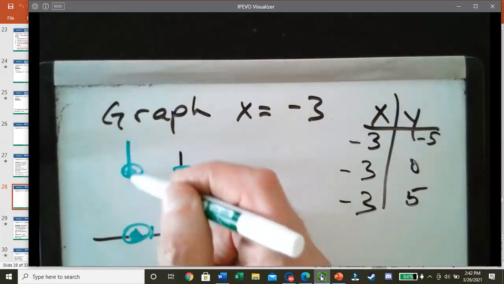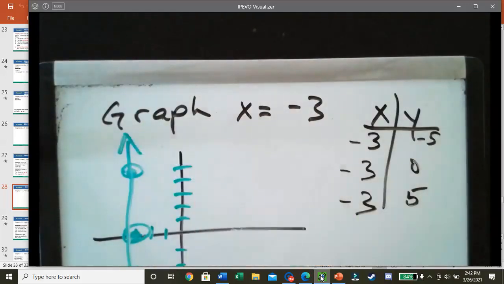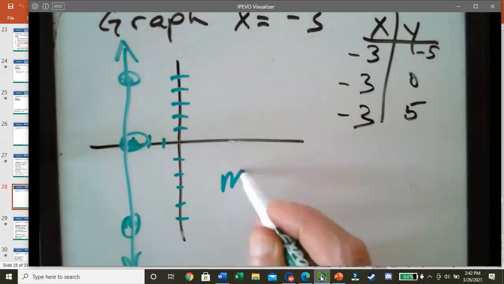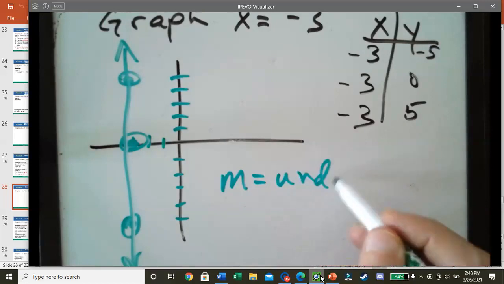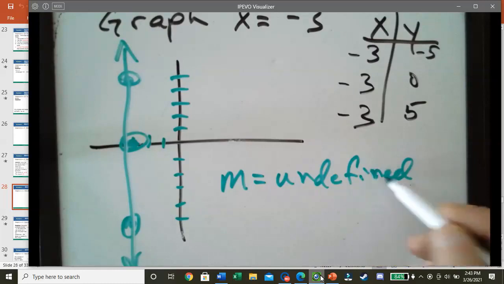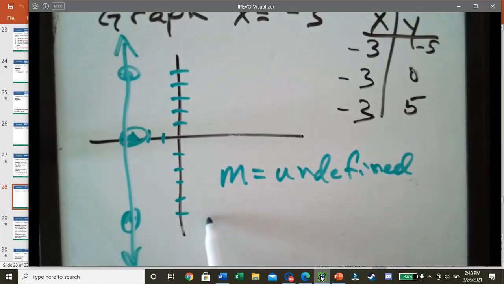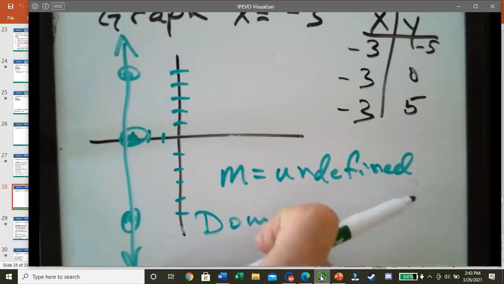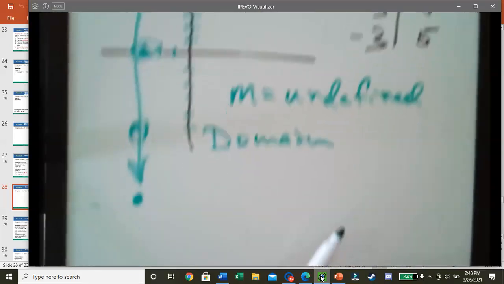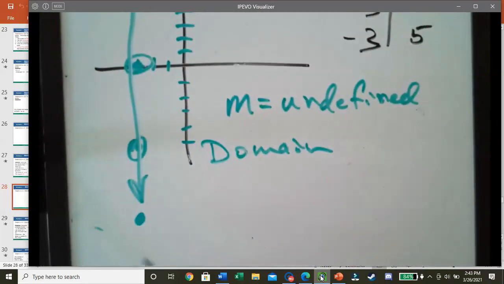So what kind of line do we got this time? You got a vertical line, right? And for a vertical line, the slope is undefined. Slope is undefined. Well, the domain, if this is our domain, and we erase the line where the line is not, you only have a single point, right? Well, where is that single point?